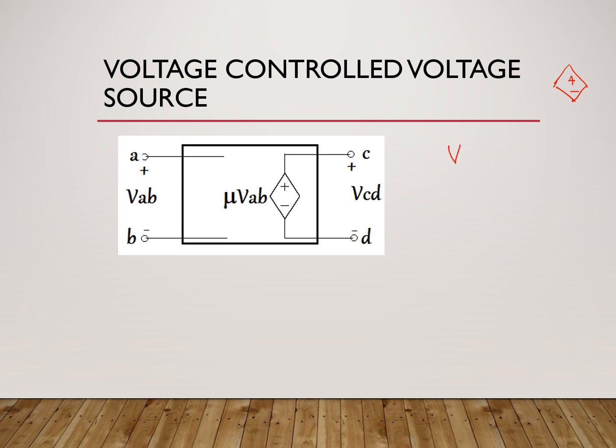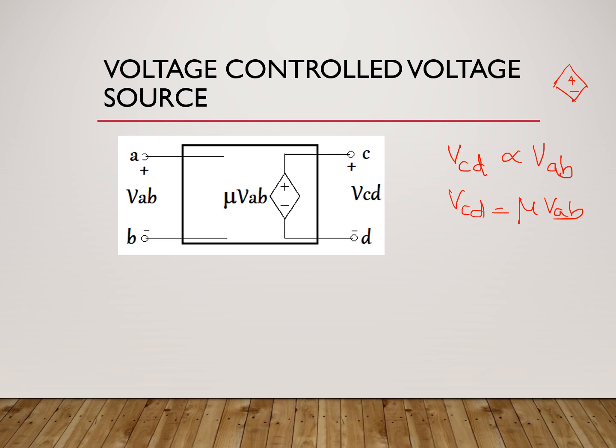The output terminals are represented as CD. The input terminals are represented as AB. So the output voltage VCD is proportional to another voltage. The proportionality constant can be represented as mu, so the output voltage VCD is equal to mu into VAB.